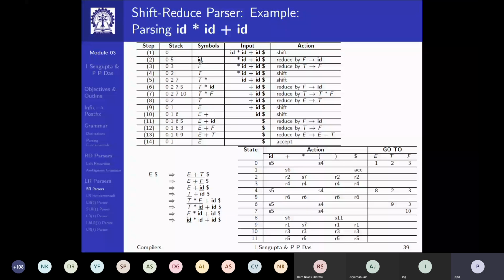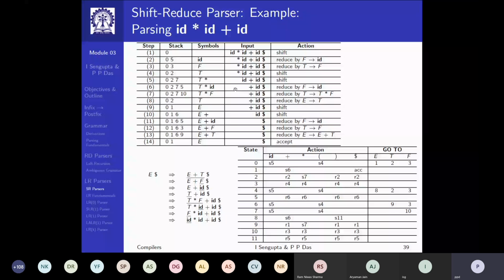This is F star ID plus ID. Just read them together. Is this a sentential form? Then it will be T star ID plus ID. Then you have T. So you'll keep on getting T star ID plus ID. It'll just keep on getting them in the way the sentential forms come.